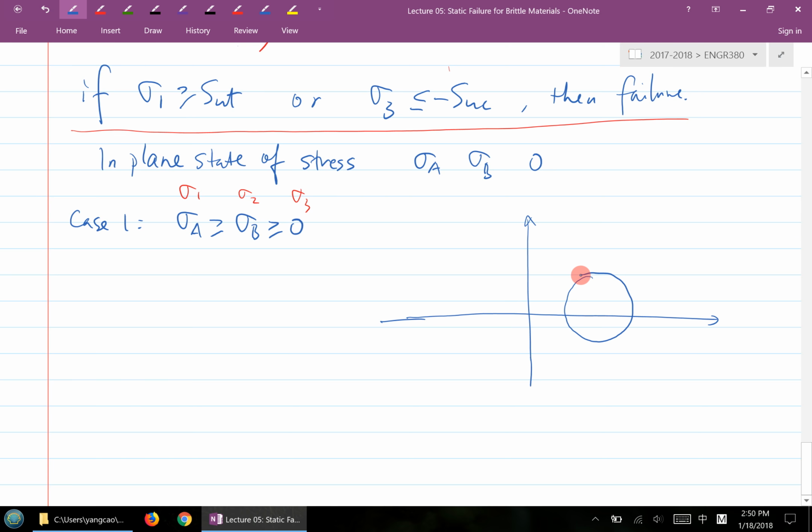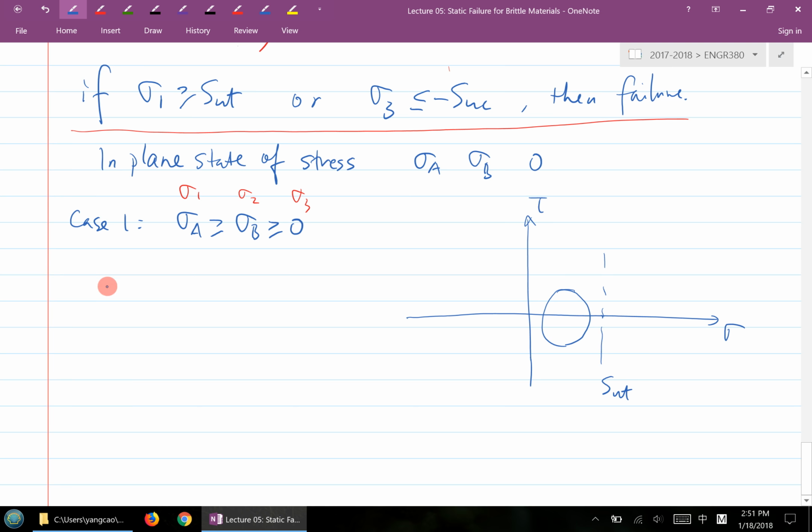Maybe I'll draw the circle a little bit closer to here. And then let's say this is your SUT value. This is your sigma here, and this is tau. Okay, Mohr circle.